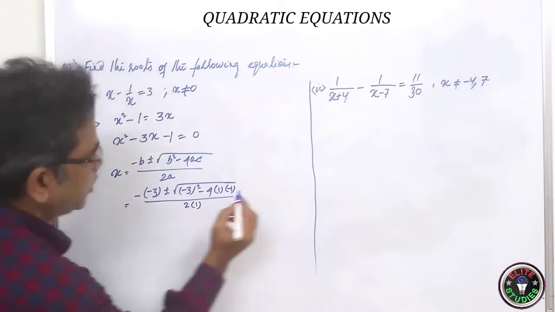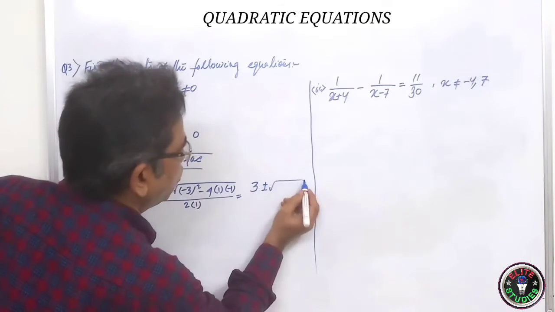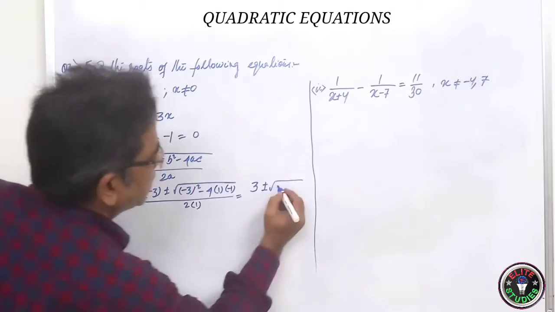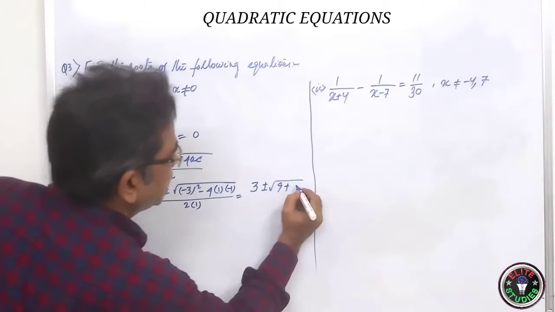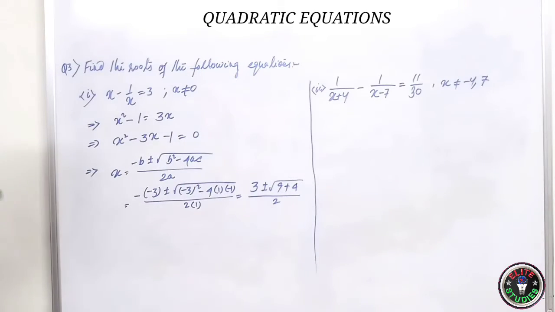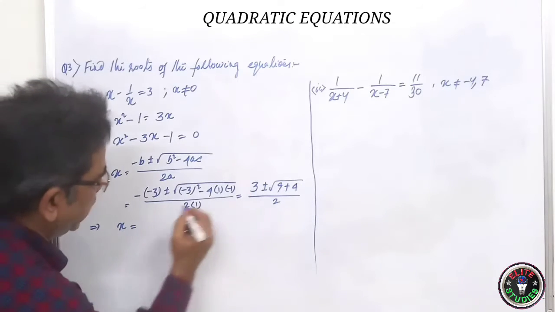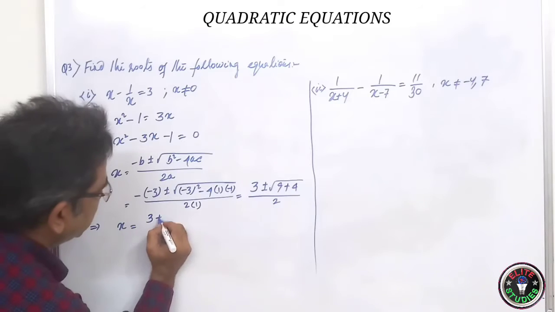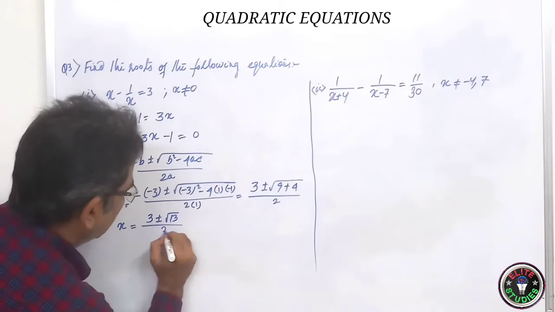So it comes out to be 3 plus minus square root of 9, minus minus plus 4, by 2. So this implies x will be equal to 3 plus minus root over of 13 by 2.